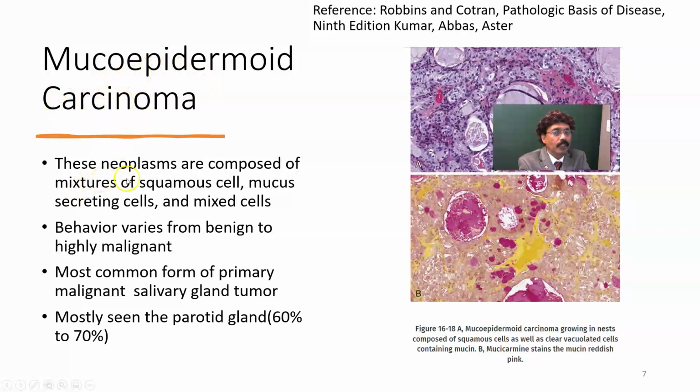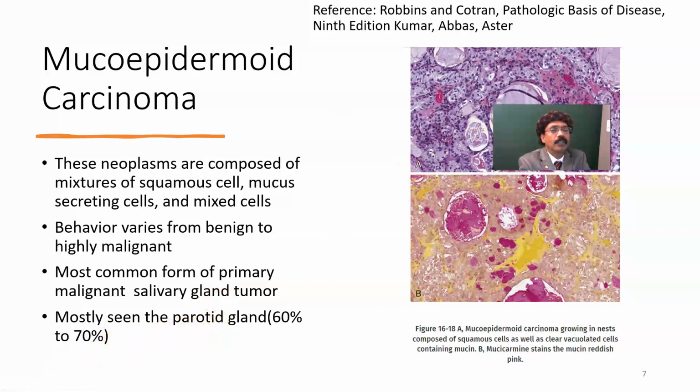Mucoepidermoid carcinoma. These neoplasms are composed of a mixture of squamous cells, mucus-secreting cells and mixed cells. Behavior varies from benign to highly malignant. It is the most common form of primary malignant salivary gland tumor, mostly seen in the parotid gland.